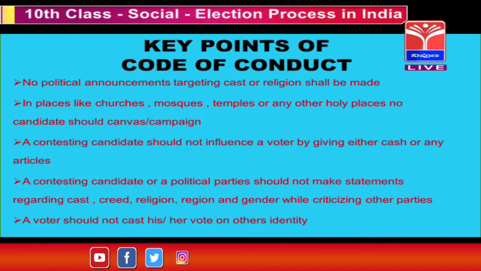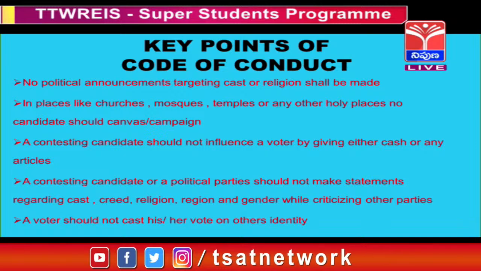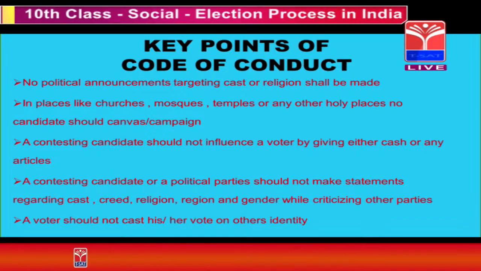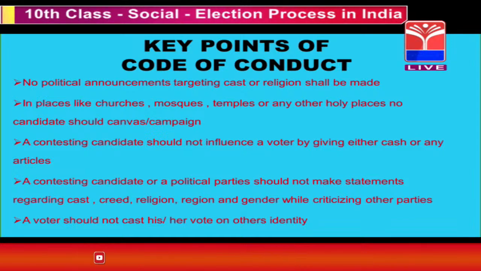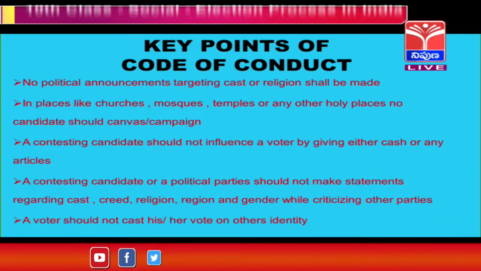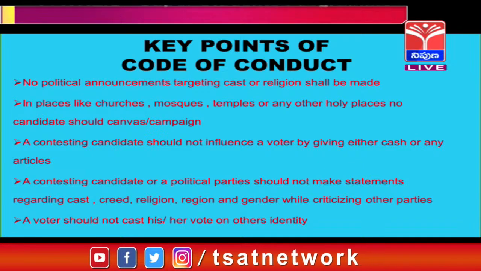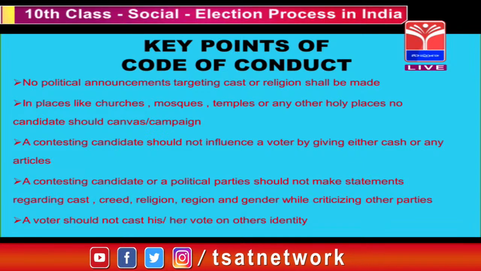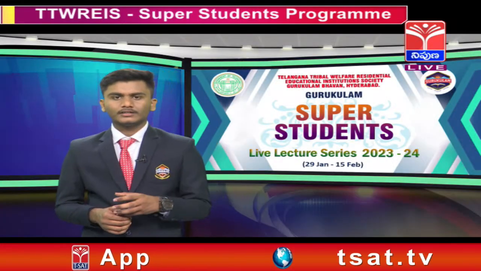A contesting candidate should not influence voters by giving cash or any other articles. A contesting candidate or a political party should not make any statements regarding caste, creed, religion, region and gender while criticizing others. A voter should not cast his or her vote on the basis of others' identity. These are the main key points of the code of conduct.